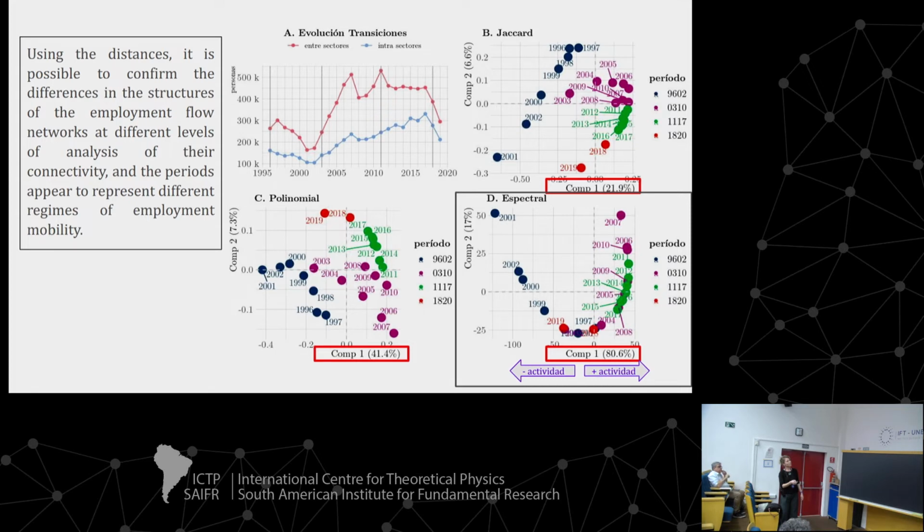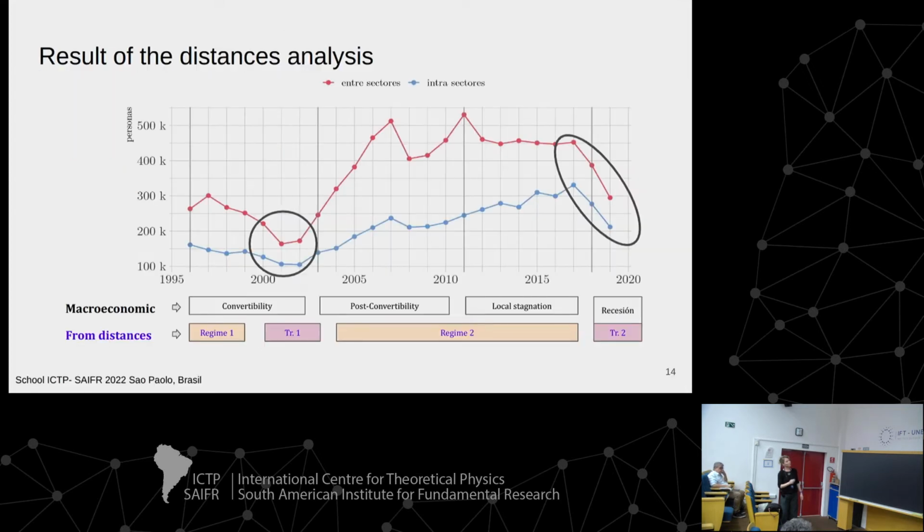And what is interesting is that what it offers to us, and it was discussed in a very interesting way with economists, is that macroeconomic analysis showed this. They offered only 4 periods: convertibility, post-convertibility, local stagnation, and recession.